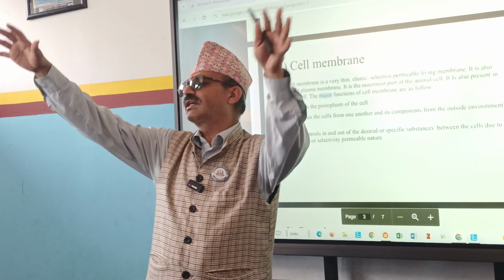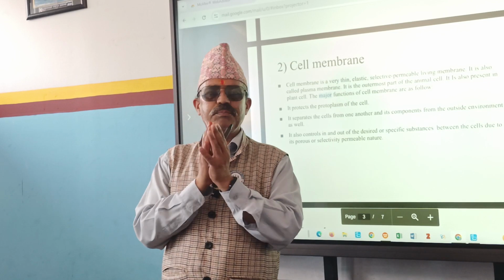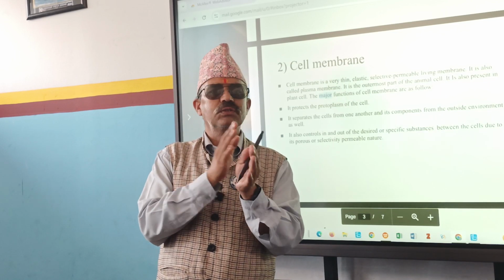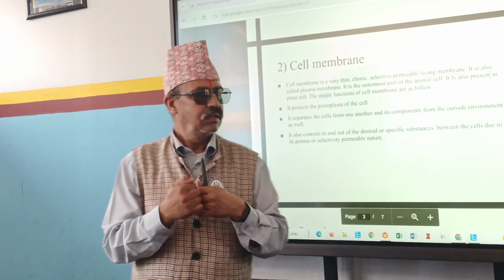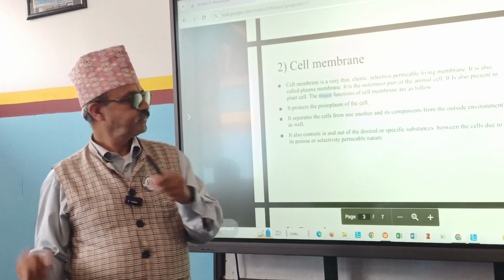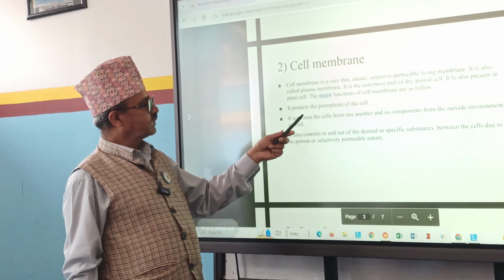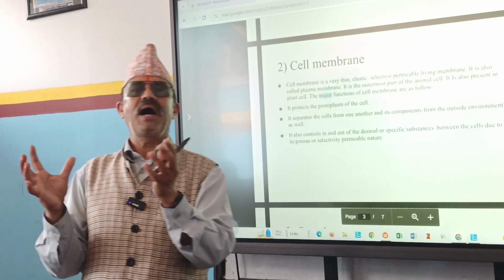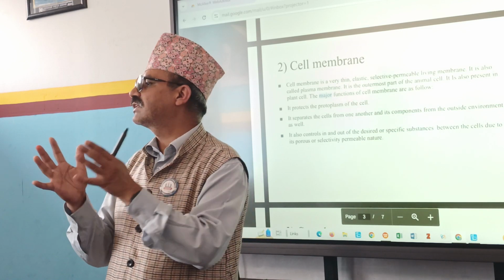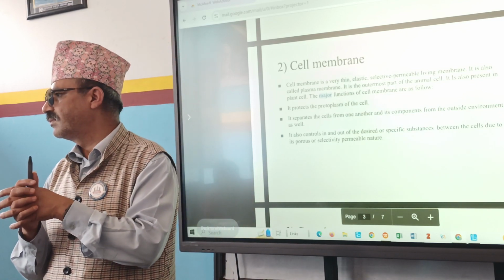Permeable means everything goes and comes out. Selectively permeable means required things go inside and which are not required they don't go, according to the need of the cell. What are the functions? Protects the protoplasm. All the parts which lie inside the cell membrane are called protoplasm.